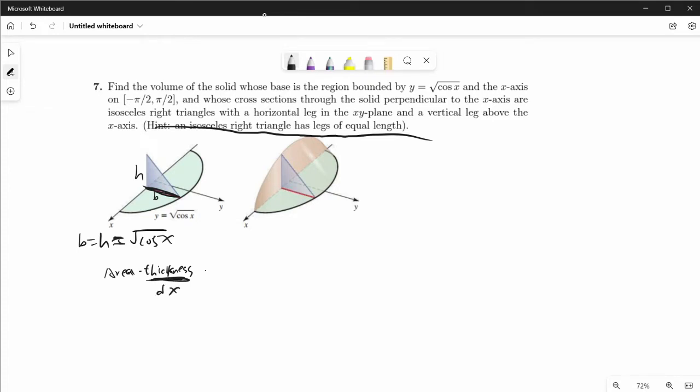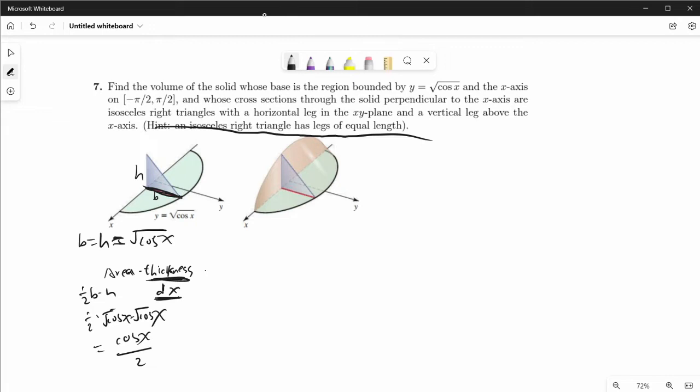It's so thin that we use calculus. It's a very small sectional area at that x, and the area here is the area of a triangle, 1/2 base times height, which is 1/2 square root of cosine x times square root of cosine x, which is just cosine x over 2.